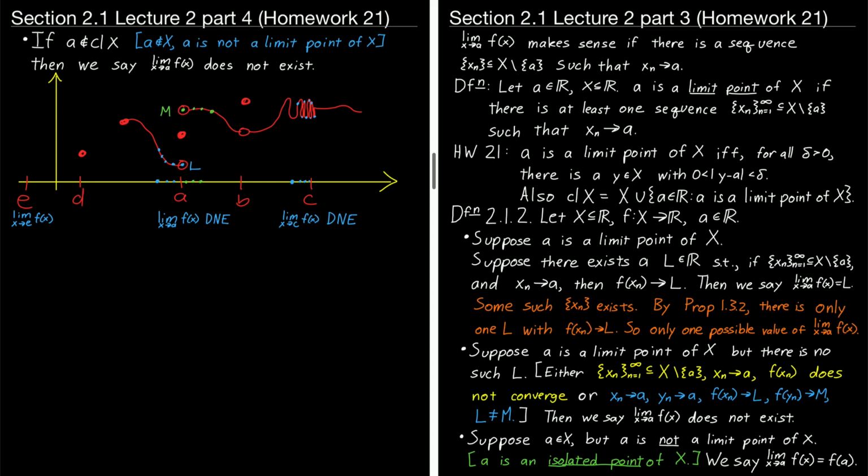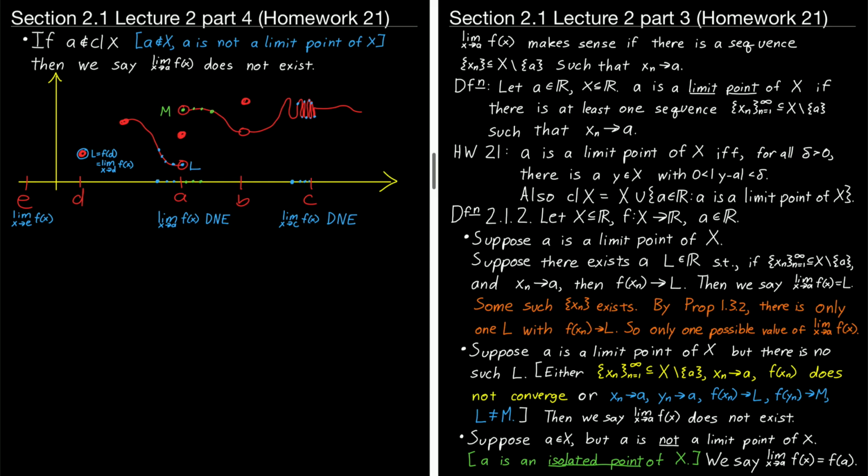And then for D, there is no sequence of points going there. So we're just letting f of D be the limit as x approaches D of f of x.